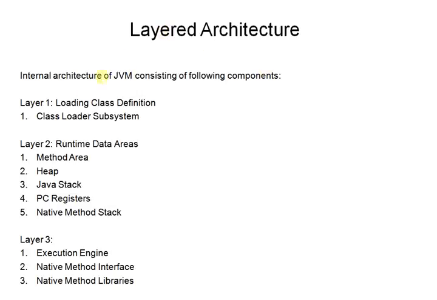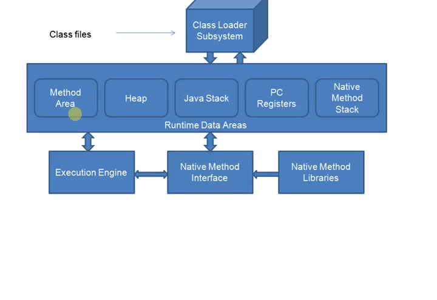The first is the class loader subsystem. So what is the class loader subsystem? In the Java virtual machine, the class loader loads the class files, and it is also responsible for allocating the memory for the program.